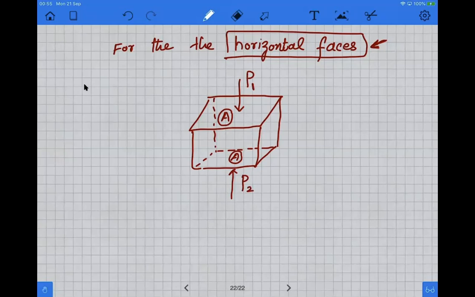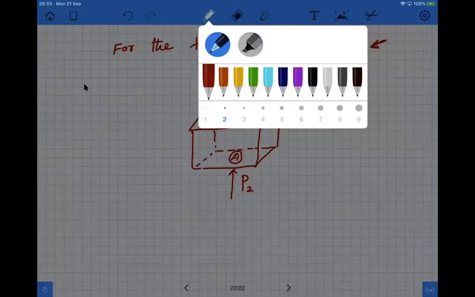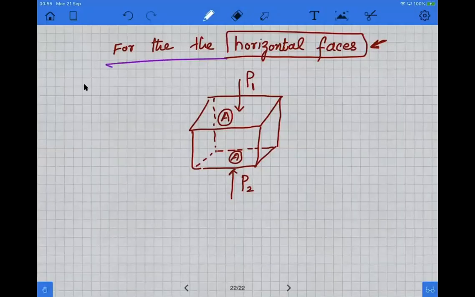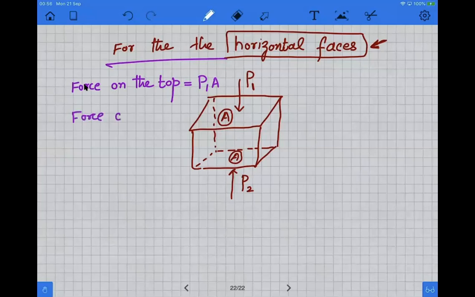Now, if we calculate the net force on the horizontal faces, or we can call it net vertical force, then force on the top. We can subtract forces but not pressure. It's P1A. Force on the bottom is equal to P2A.